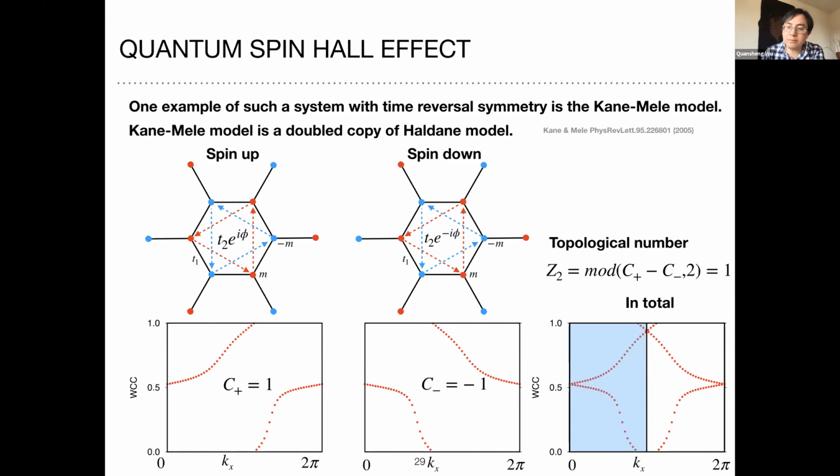So the Z2 number is defined if you cut a line here from the left to the right, to the middle, and then check how many times it crosses the Wilson loop. If it is an odd number, then it's non-trivial. If it is an even number, then it is trivial. Then this is the Z2 phase.